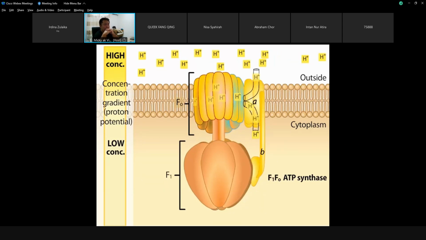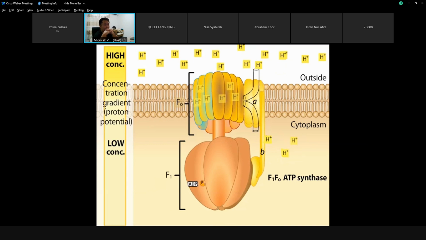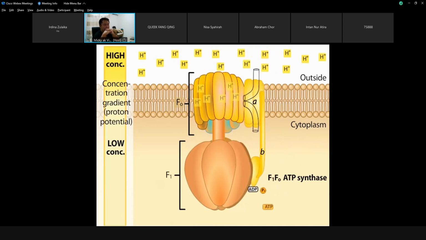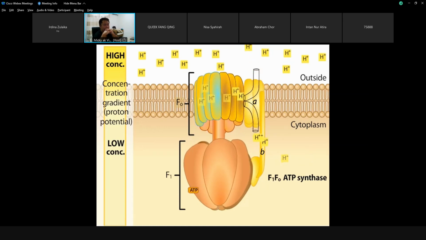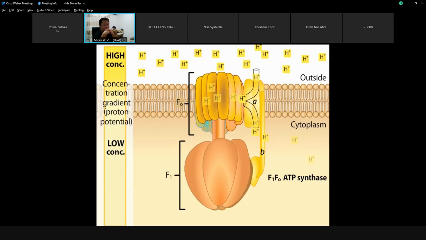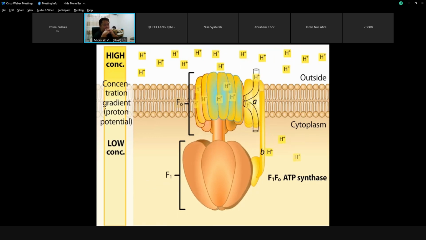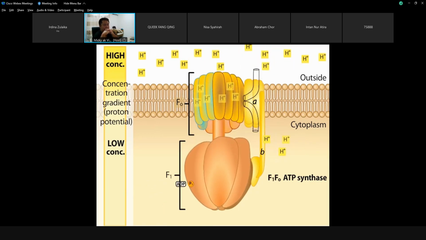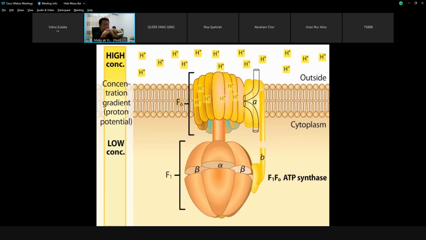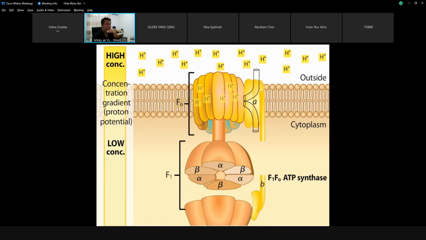Protons enter through a channel in subunit A and move into the C subunits, causing FO to rotate in 120-degree steps around the axle. Protons are released from the C subunits into the cytoplasm. Note that as FO rotates, the axle also rotates, but F1 does not. F1 is held in place by its connection to the membrane through the A and B subunits.